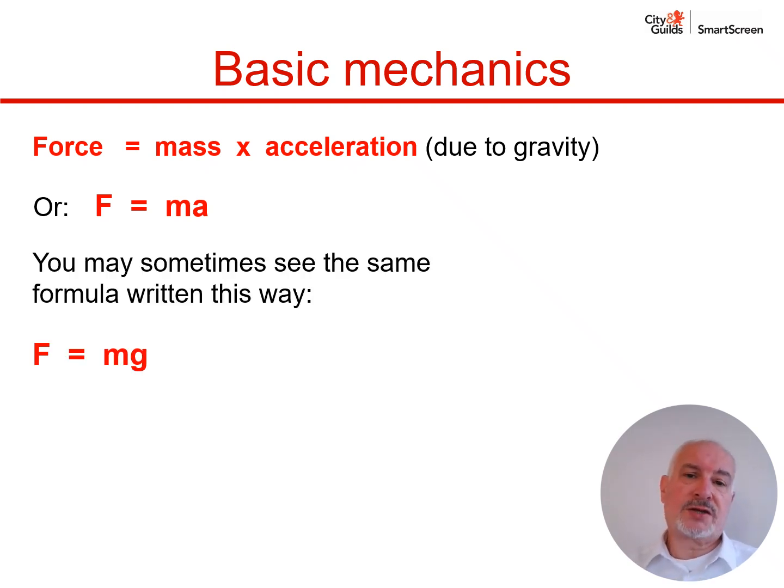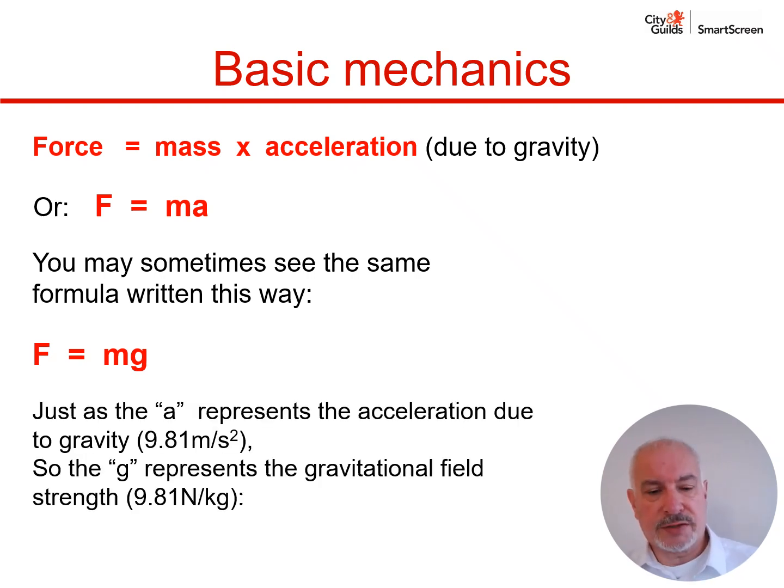So the next thing to learn is that sometimes you may come across the formula written as F equals mg. So instead of an a, they've substituted a g. Now what's that all about? Well, just as the a represents the acceleration due to gravity, which is 9.81 meters per second squared, so the g represents the gravitational field strength, which is 9.81 newtons per kilogram.